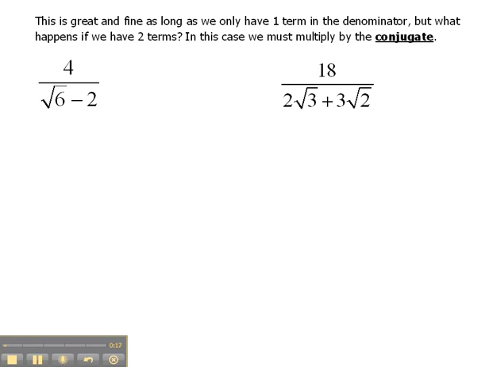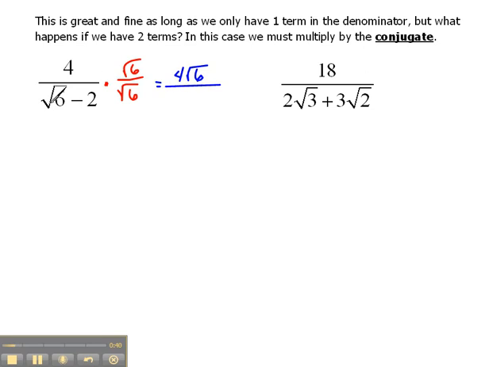I mean, if you think about it, if you had this first problem here, 4 over the square root of 6 minus 2, if we went by our same idea and multiplied top and bottom by the square root of 6, we would end up with 4 times the square root of 6, which is 4 square roots of 6.